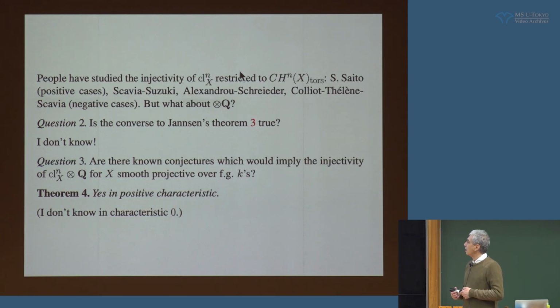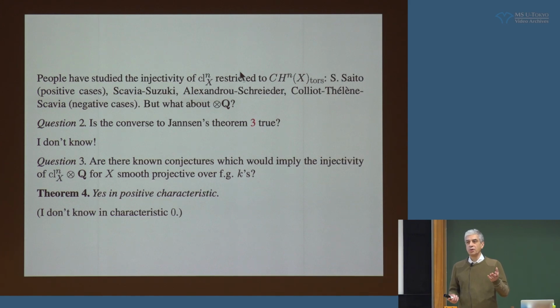And then, the first thing I wondered is the converse to Jannsen's theorem that the injectivity tensor Q implies BBM. Does BBM imply the injectivity? And the answer is I don't know. I tried to prove it and failed. For me, if you want to have an idea whether a question is reasonable or not, I look for a known conjecture which would imply this result.